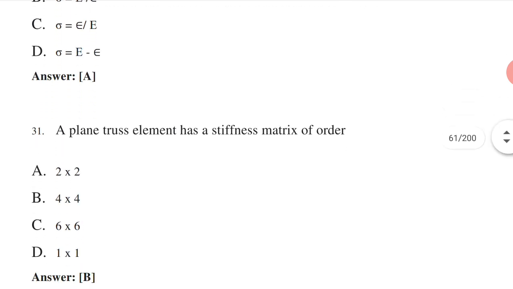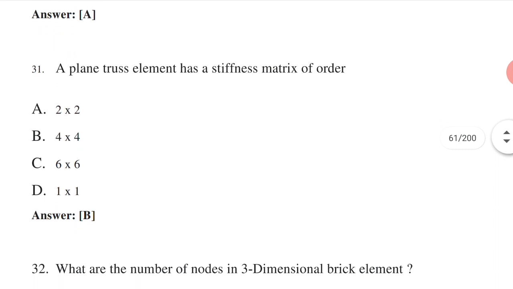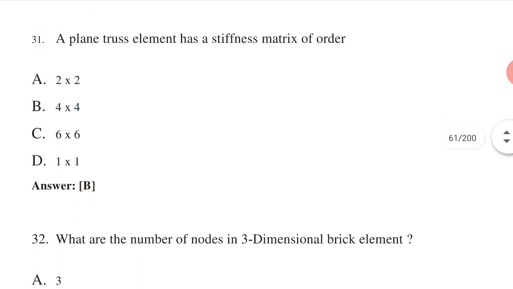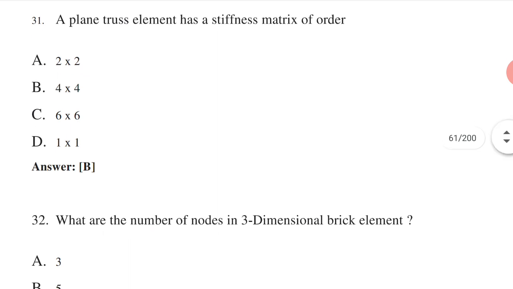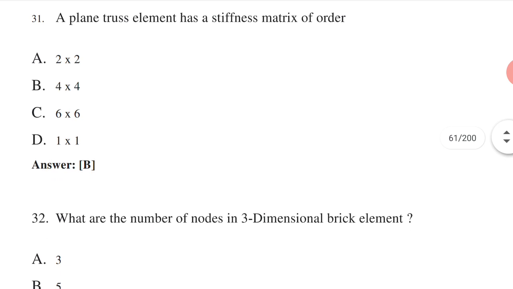Then next question is, a plane truss element has a stiffness matrix of order. So, we know that a single plane truss element has a 4 by 4 order stiffness matrix, because we have already seen the stiffness matrix for the truss element.